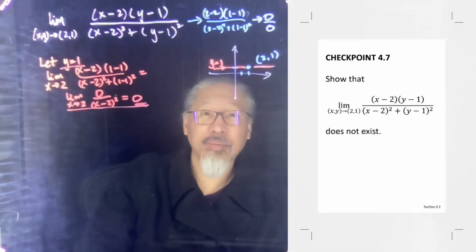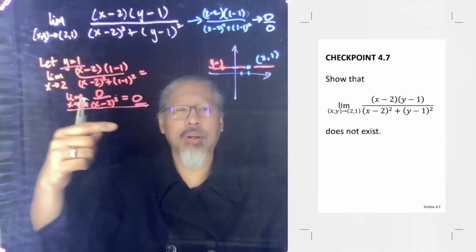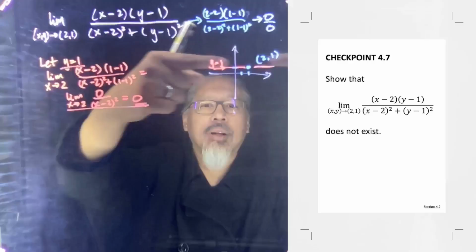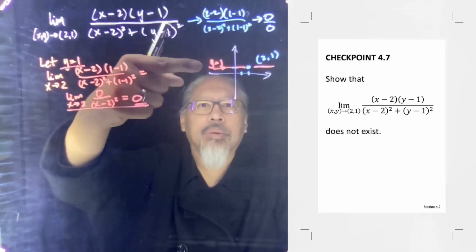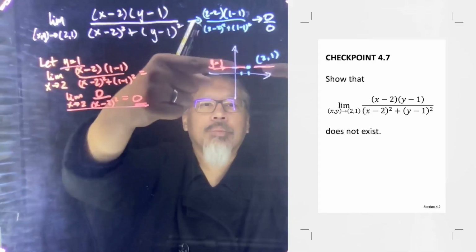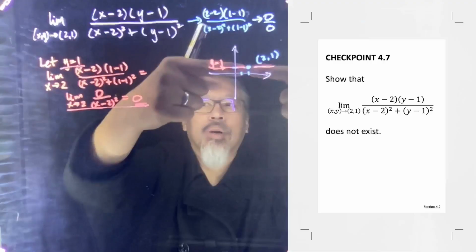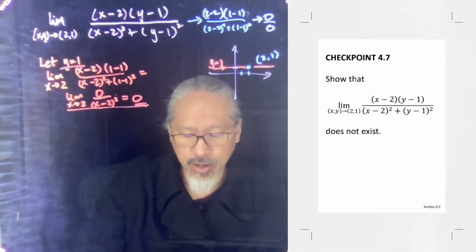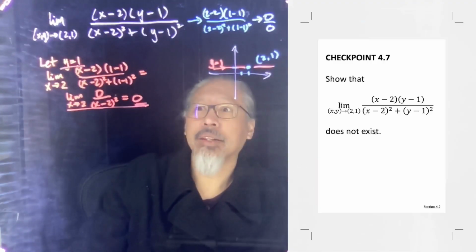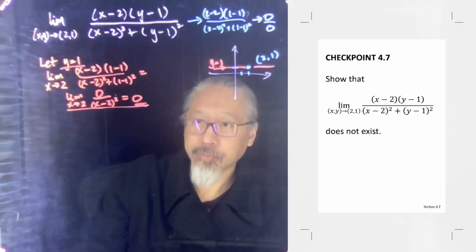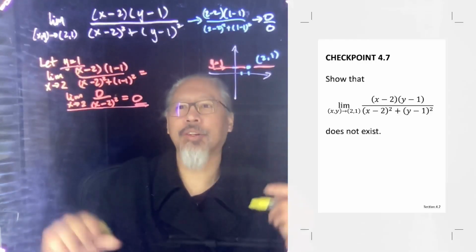That means on the surface, if we go along y equals 1, which is parallel to the x-axis, we're going to get a z-value of 0.